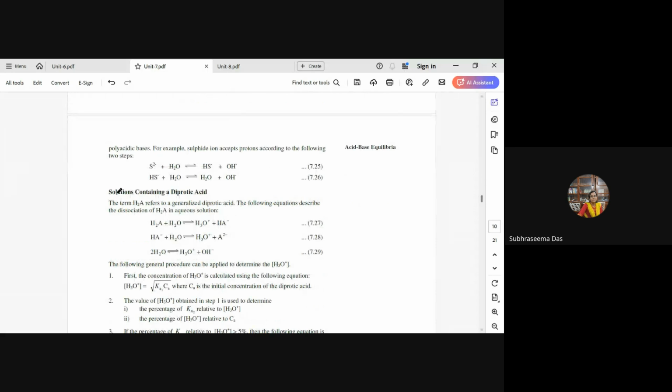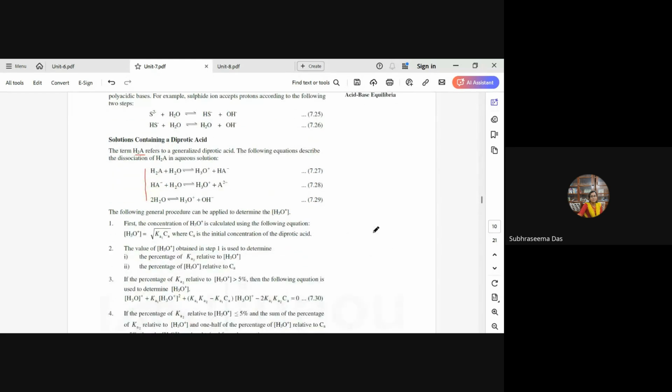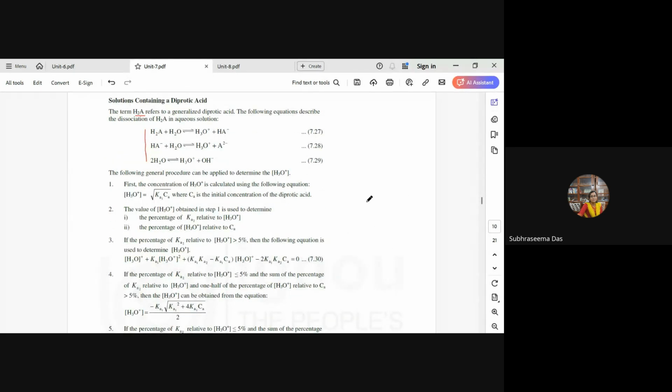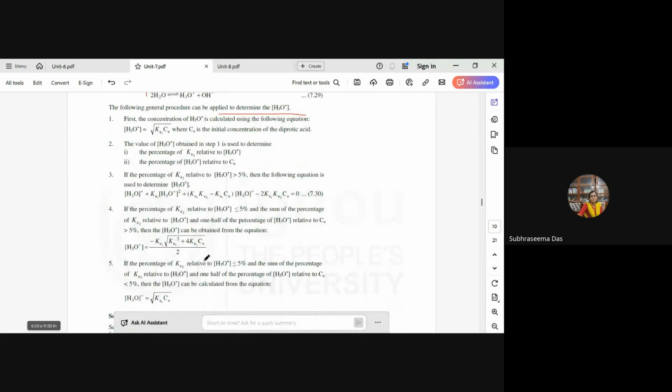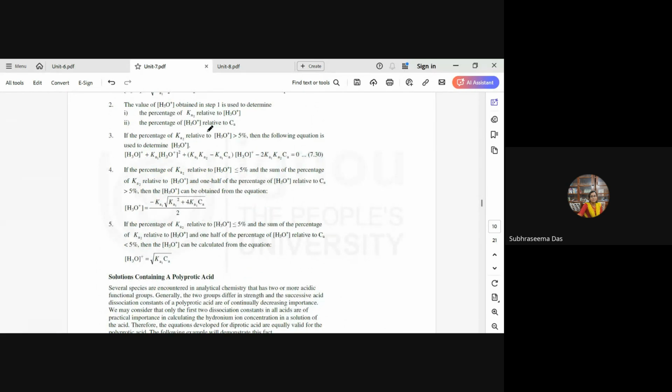So solutions which contain a diprotic acid, we can write as H2A, because they can donate 2 H plus ions. Here these are the equations that describe the dissociation of the H2A molecule. Then we apply the general procedure for the determination of the H3O plus ion for a diprotic acid. There are certain steps applied.